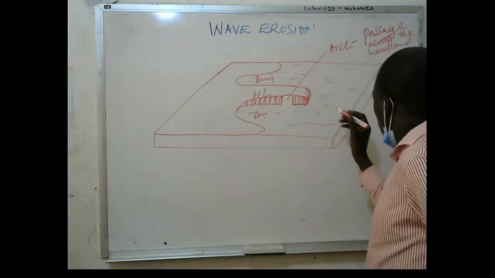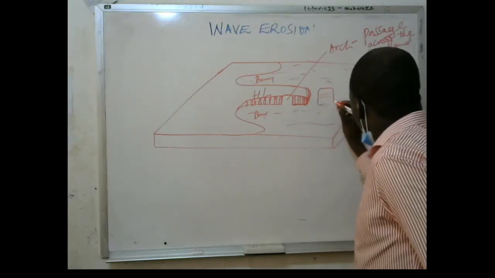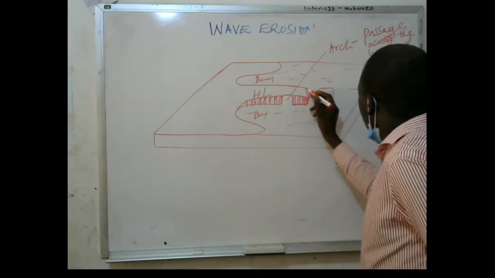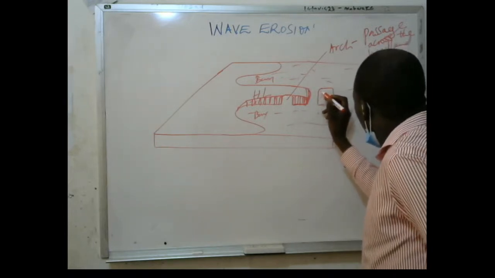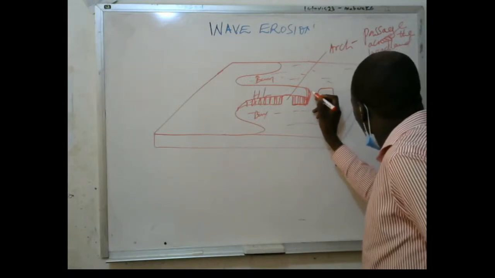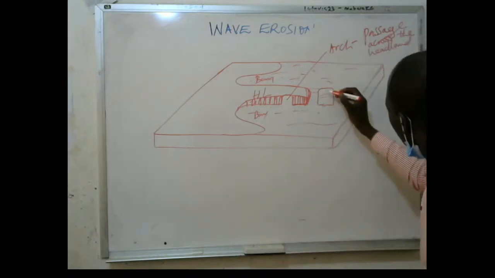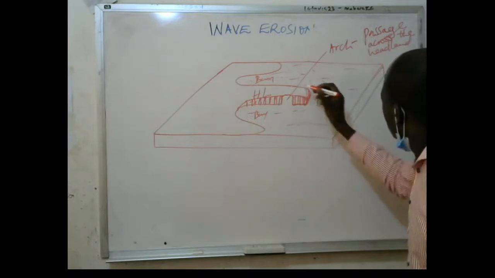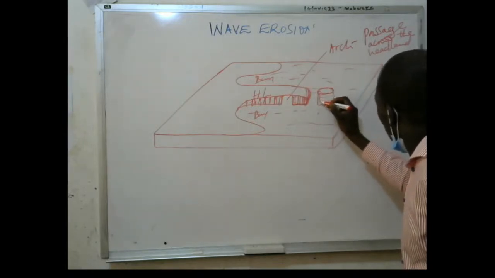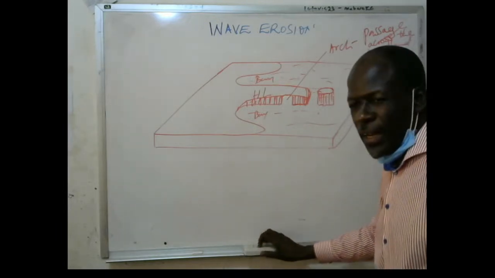Now, when that rock collapses, assuming there was an arch here, assuming this headland was extending up this far, when this roof collapses, what happens? This part of the headland, which was formerly part of it, will now remain isolated, detached from the headland.